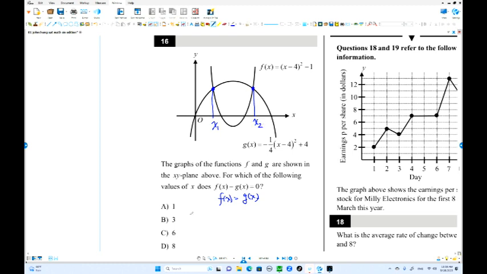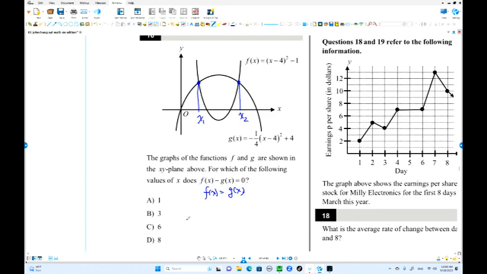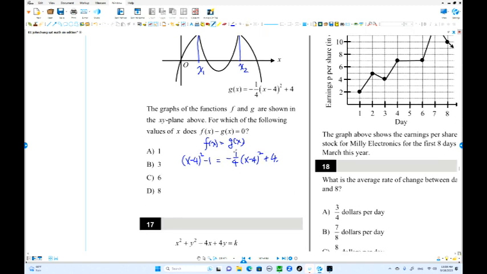So which one is one of these? That's the question. Now solve this to find the intersections. X minus 4 squared minus 1 equals negative 1 over 4 times x minus 4 squared plus 4. You can multiply by 4, it's okay too, or you can solve it directly, okay?